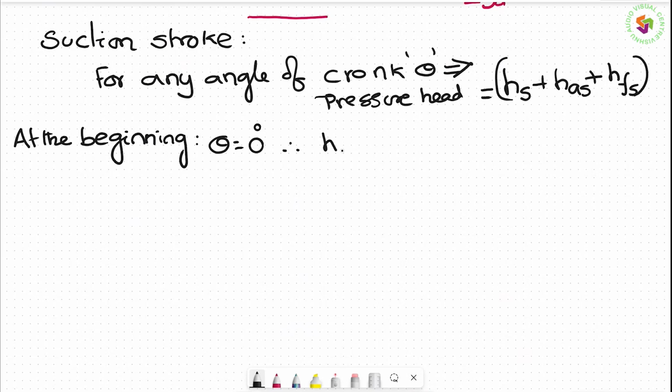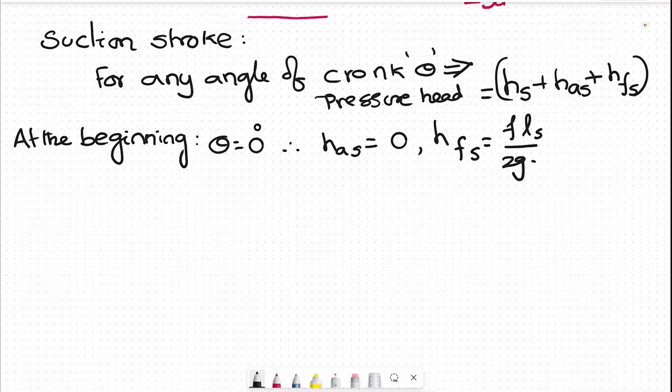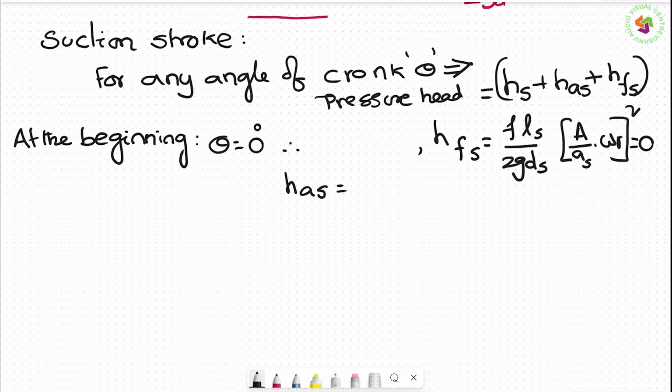Therefore, HAS is not zero here, but HFS is equal to FLS by 2G ds into A by AS omega R whole square, which is equal to 0 at the beginning, whereas HAS is equal to LS by G, A by AS, omega square R cos 0 degrees.